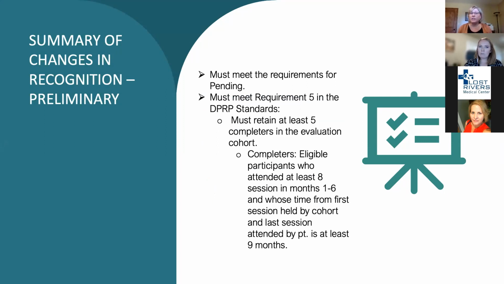So the definition of a completer is an eligible participant who attended at least 8 sessions in months 1 through 6, and whose time from the very first session held by that cohort to the last session attended by the participant is at least 9 months. So you have to have at least 9 months of that data for the participant, for them to be considered a completer.